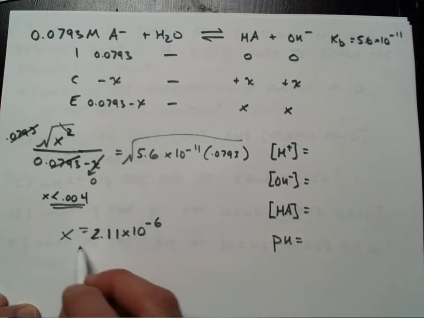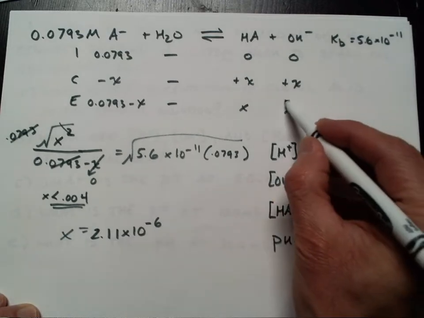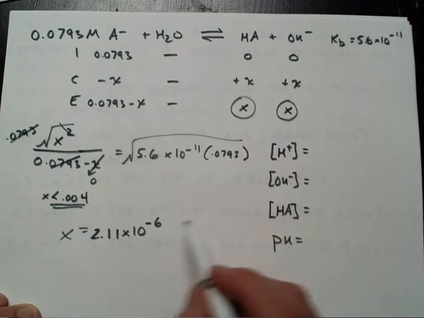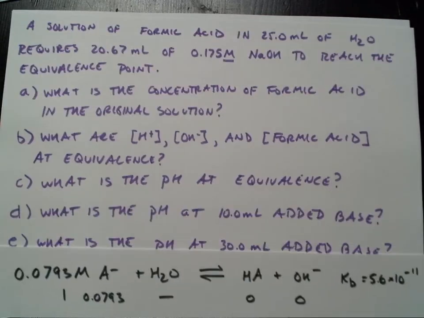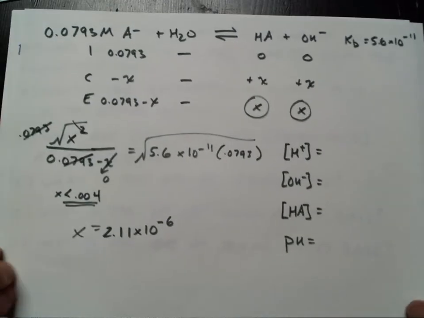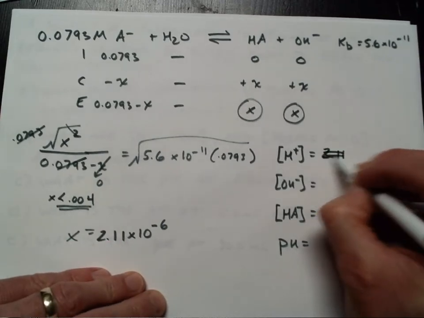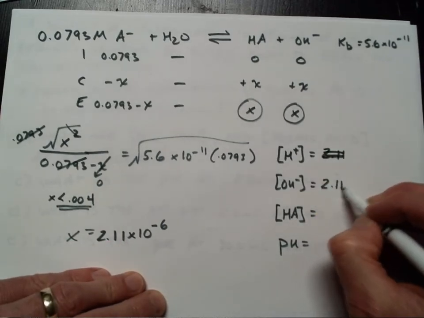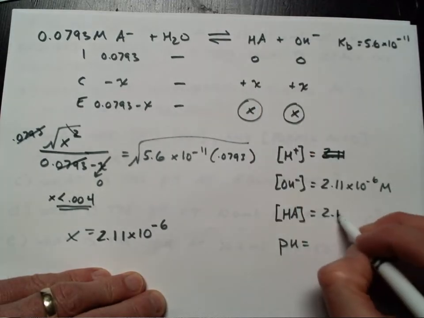Well, what is x? Hey, look, that's both this and this. Is that what I wanted to find? It sure is. So we can just write those right in there: 2.11 times 10 to the negative 6 molar. Same with this one.